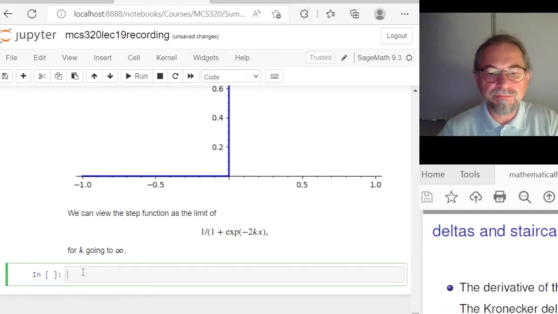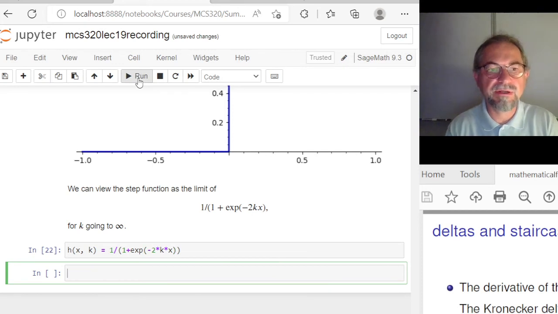So no problem. To define this, I will take the variable first and the parameter second, although it doesn't really matter. And typing this in is just as easy as I typed in the LaTeX definition. So here is the function.